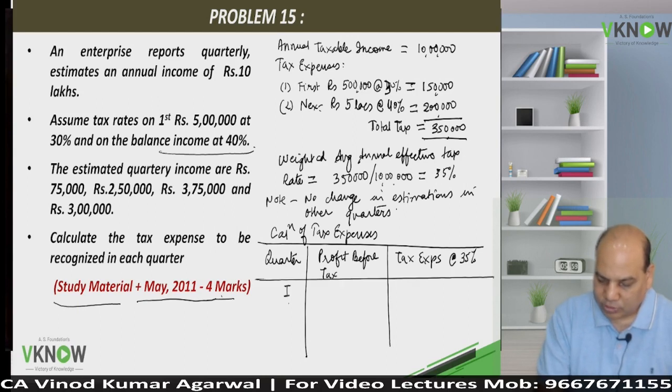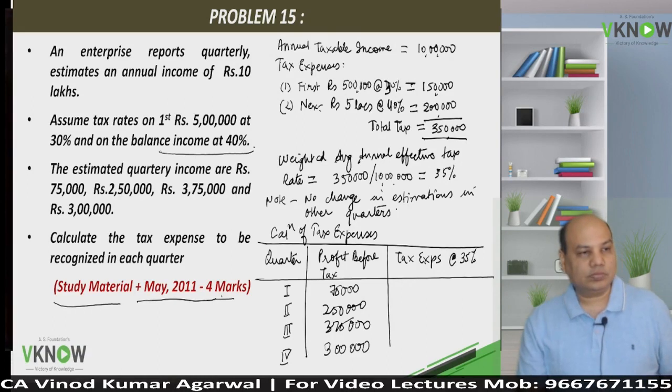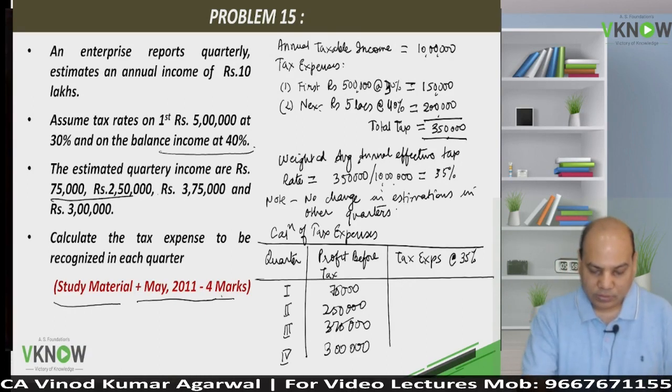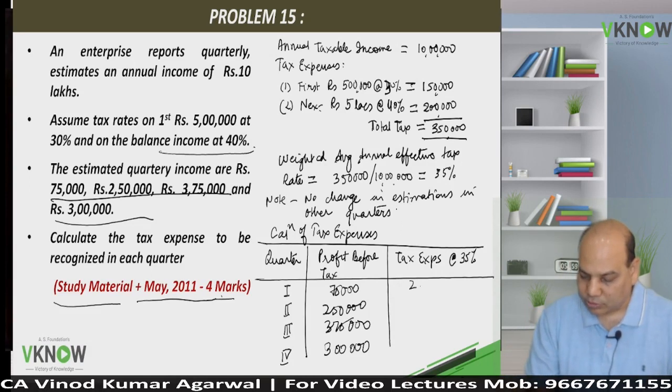So you have 4 quarters, and the income given is 75,000, 2,50,000. Can you see 3,75,000 and 3 lakh? Copy this income and now multiply by 35%.